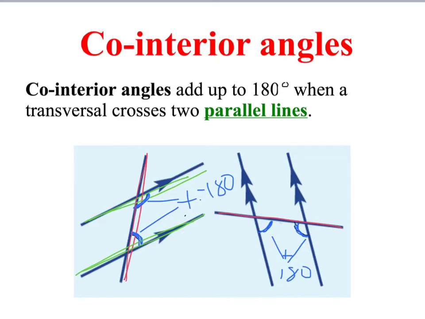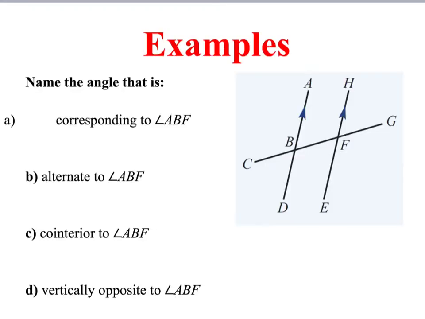So that's a wealth of information, guys. I've just flooded you with so much information, so let's have a look at what I mean by it. Let's have a look at this example here. It says, name the angle that is corresponding to angle ABF. If I get my pen out here, I see that ABF is this one in here.